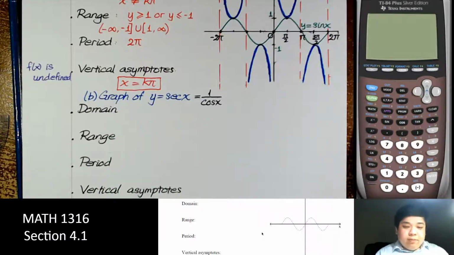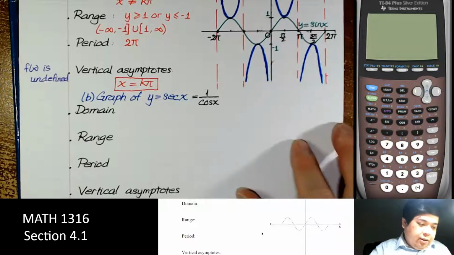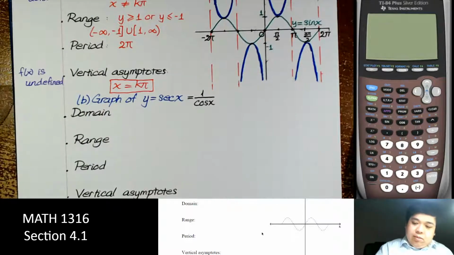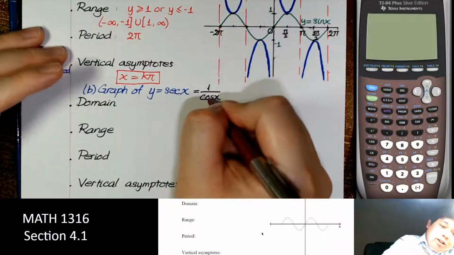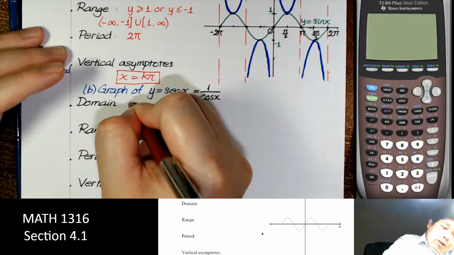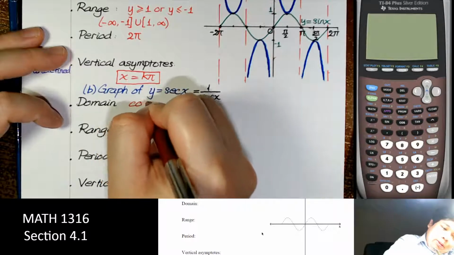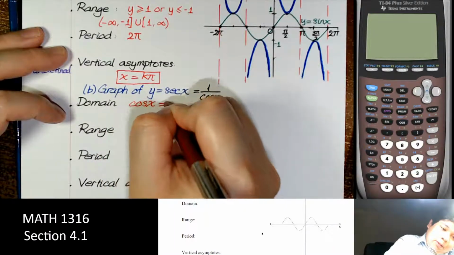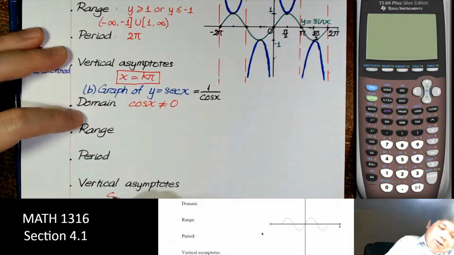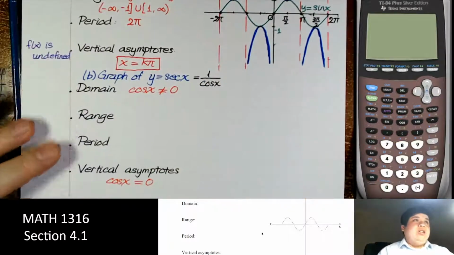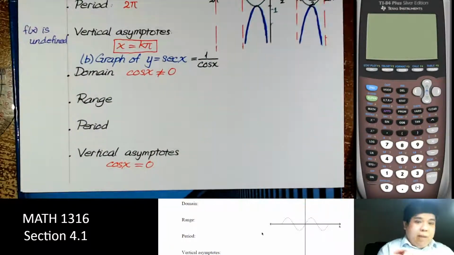Right. Now, we could do the same thing. The domain is wherever the denominator is not equal to 0. And the vertical asymptote is where it is equal to 0. So those are always opposite to each other. I should say complement to each other.